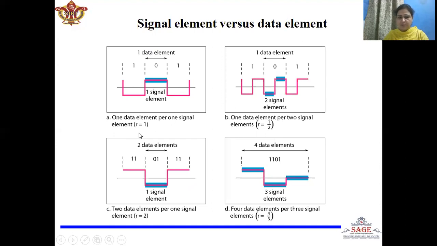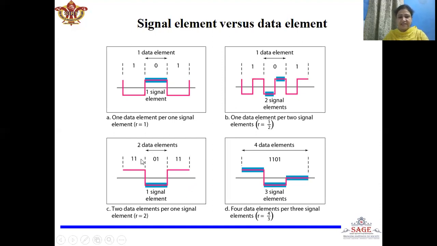So in this case, small r, the ratio of data elements to signal elements, is 1. Now in the second figure, we can see that a bit is represented by two signal levels, that is, from low to high. So in this case, the data element is 1, whereas the signal elements representing this data element are 2. So small r is given by 1 upon 2.